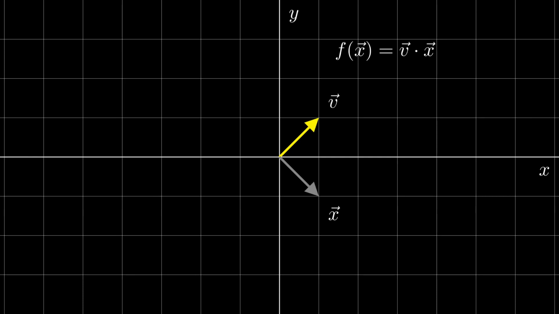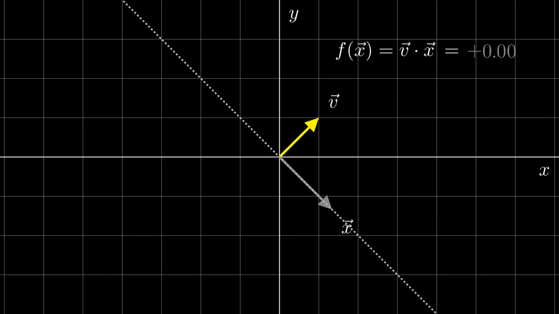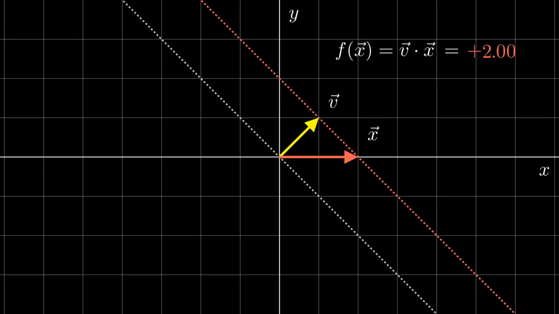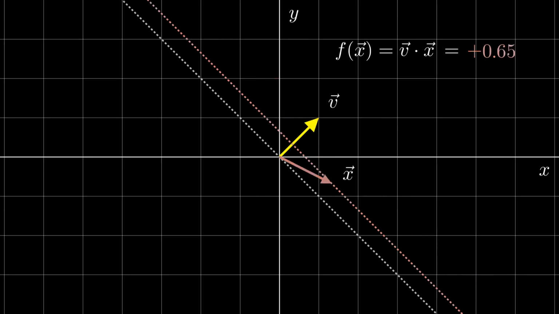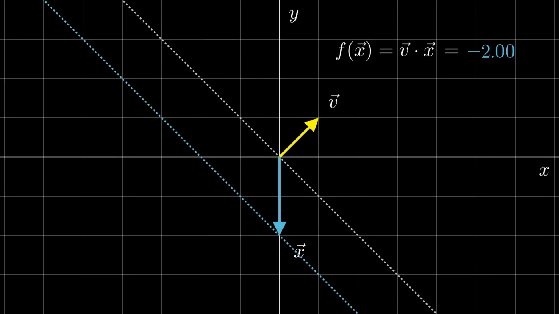There's a sense in which the dot product of two vectors is like a similarity score between those vectors. If x is at 90 degrees with v, then the dot product of v and x is 0. As they begin to point in the same direction, the dot product becomes positive. And when they point away from each other, the dot product becomes negative.